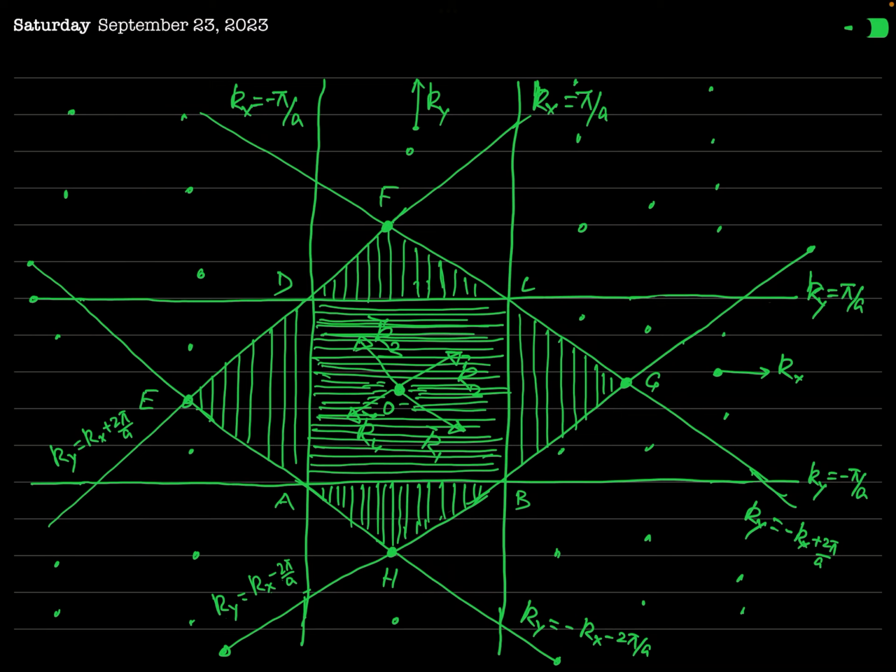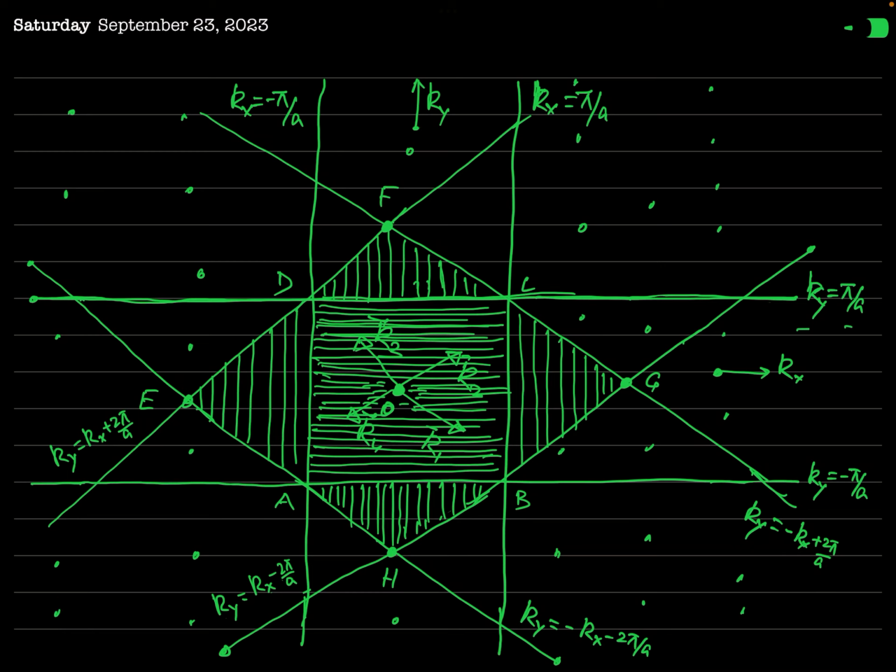You can see, I have taken this point O as origin. This point O shown in this figure has been taken as origin. And you can see this straight line, which I am just redrawing. This straight line is represented by the equation what? This is represented by ky equal to pi by a.